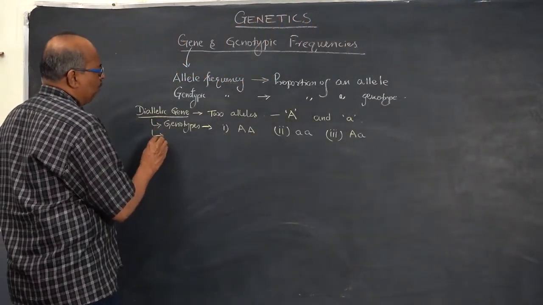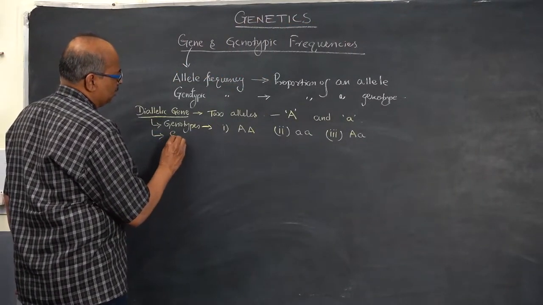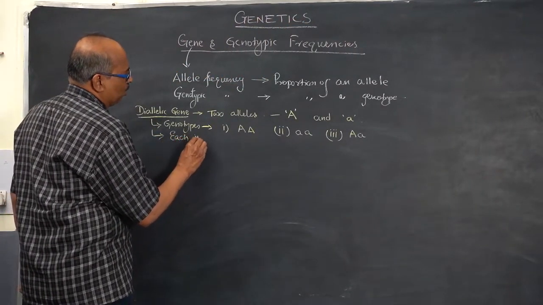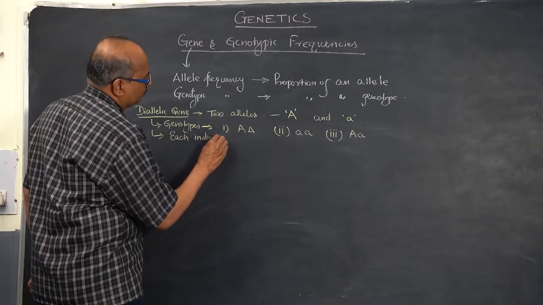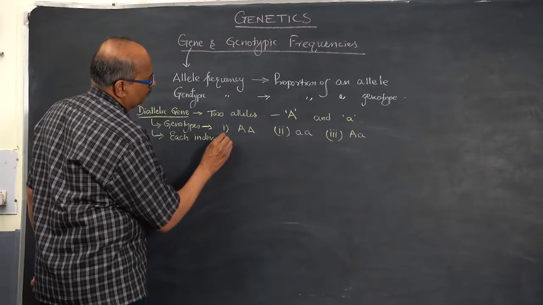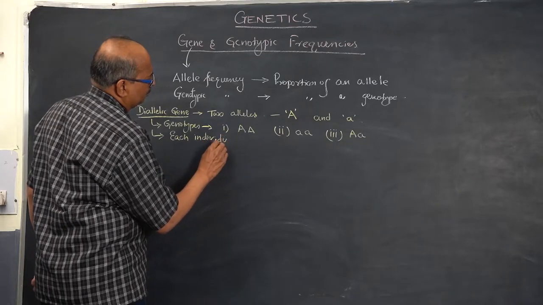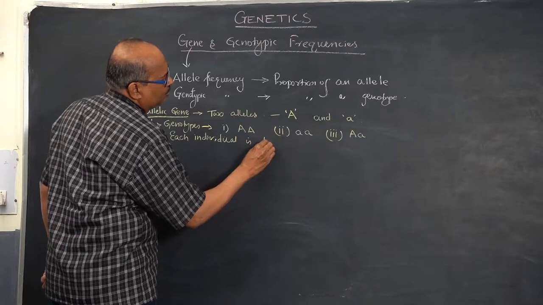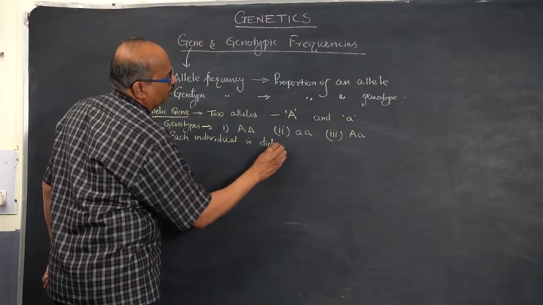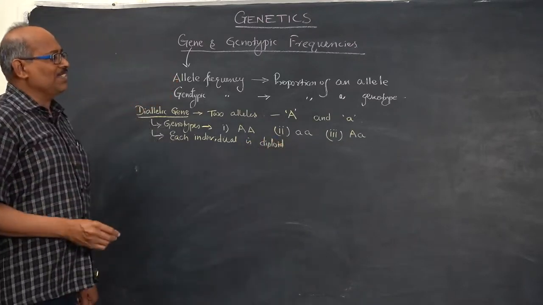Since we are looking at a population, remember, each individual is diploid. What does it mean?